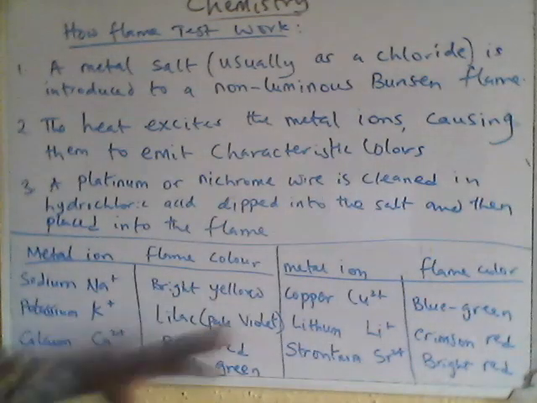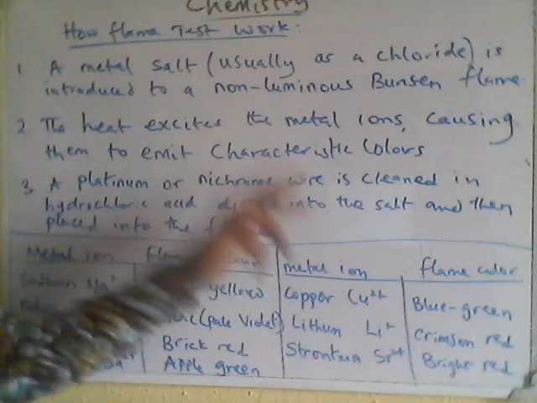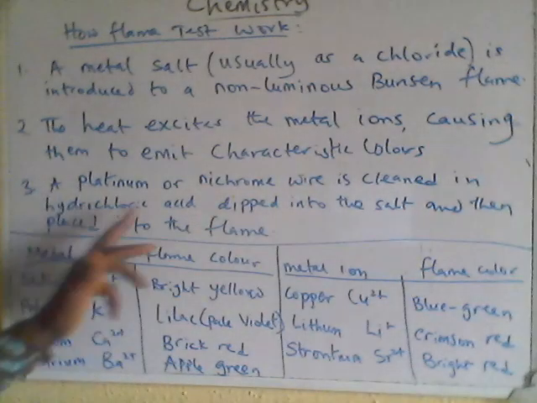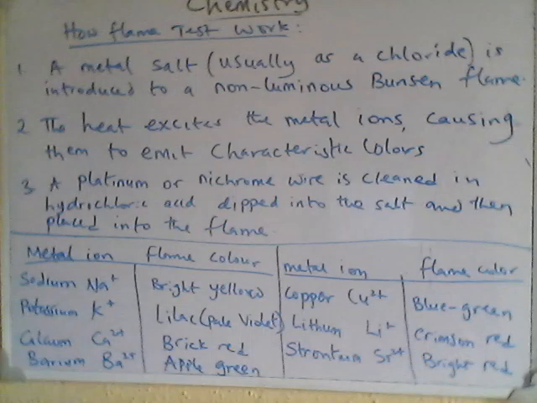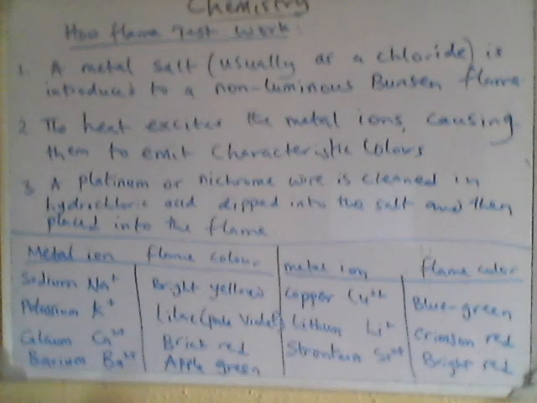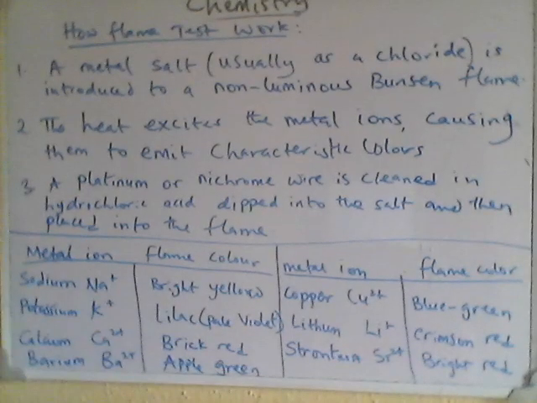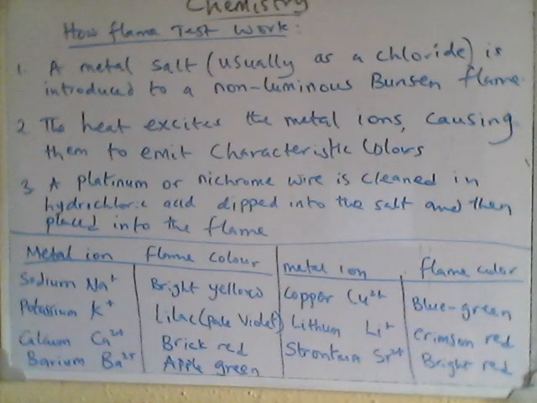These are the colors that we'll look at. A platinum or nichrome wire is cleaned in hydrochloric acid, dipped into the salt and placed into the flame. Now, if you heat that metal salt, a bright yellow flame denotes that there is a sodium ion present.